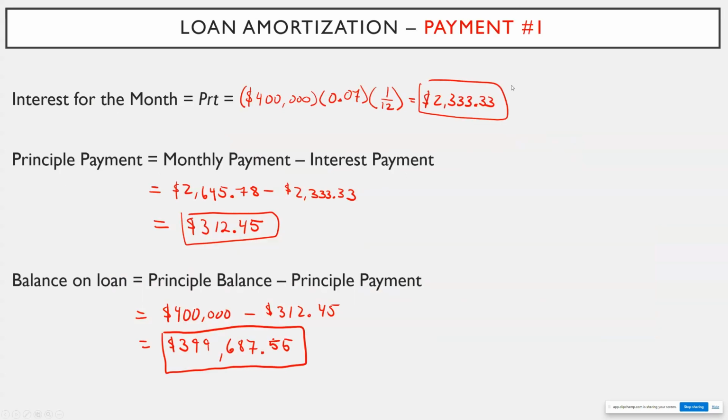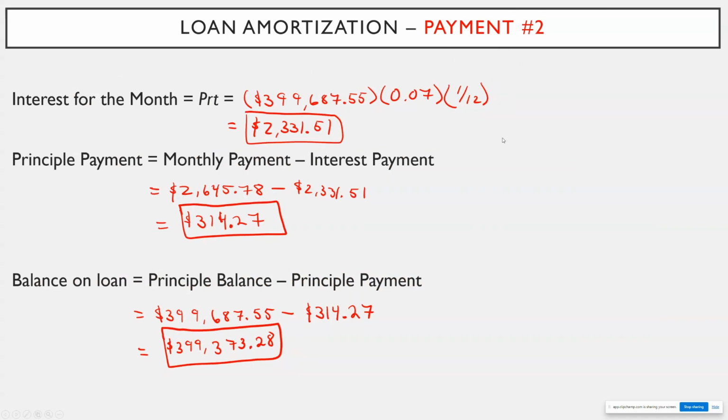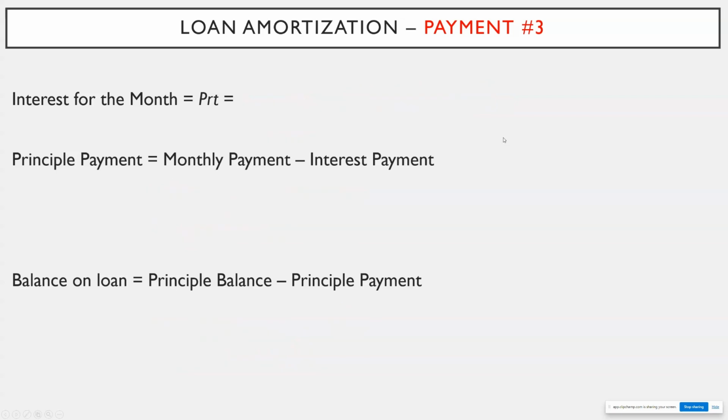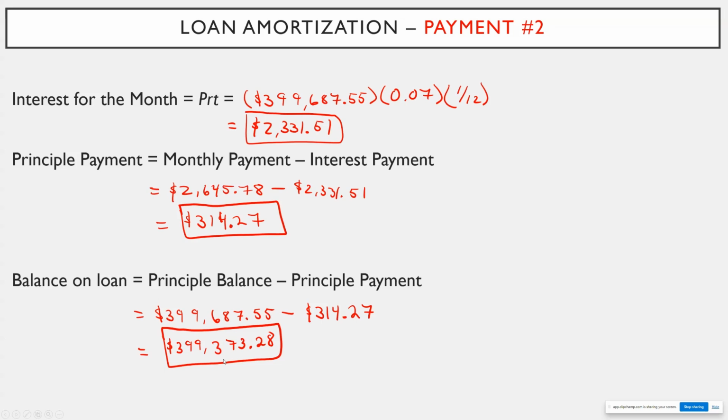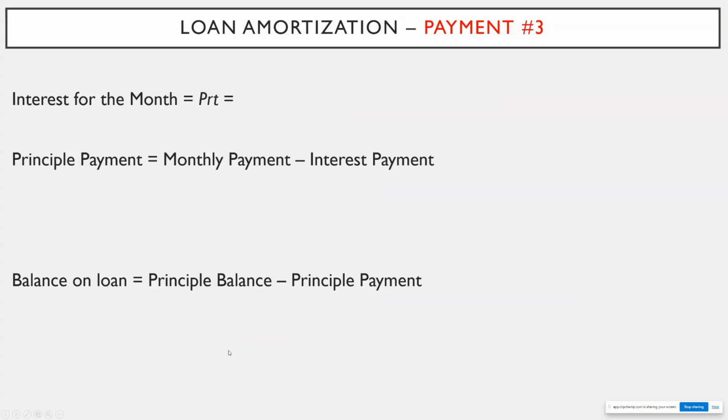All right, let's do it now. We did payment number 1, payment number 2. Now let's do it finally for payment number 3. All right, the interest for our third payment. So like if we started in January, we made our January payment, our February payment. Now let's do our March payment. All right, how much is our principal? So our outstanding balance on the loan. Well, it's this amount right here.